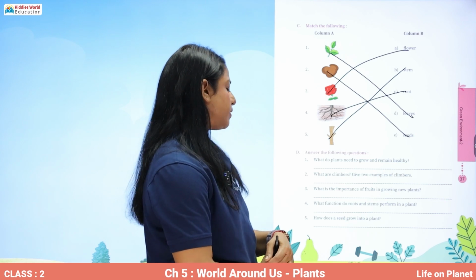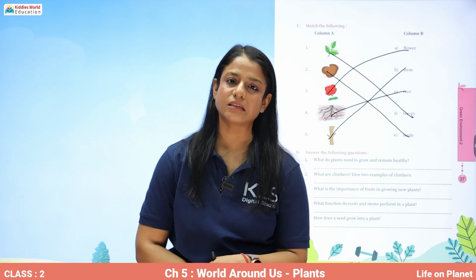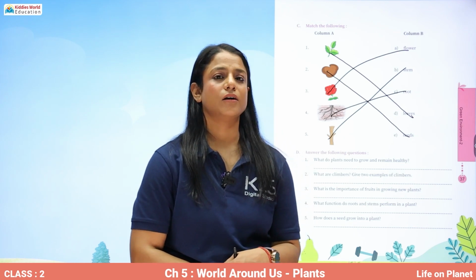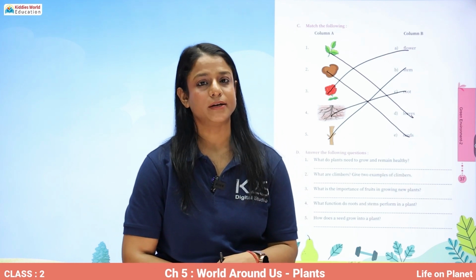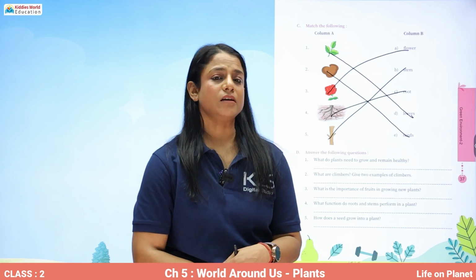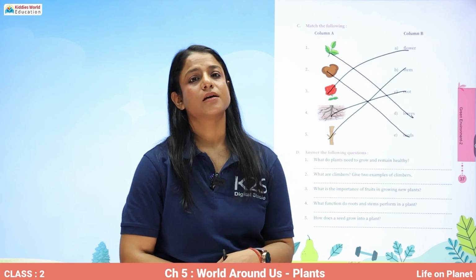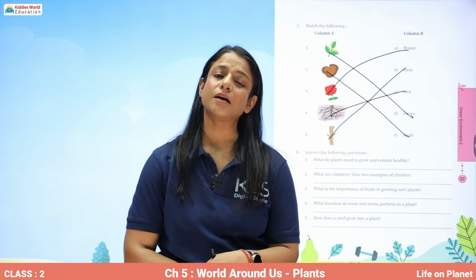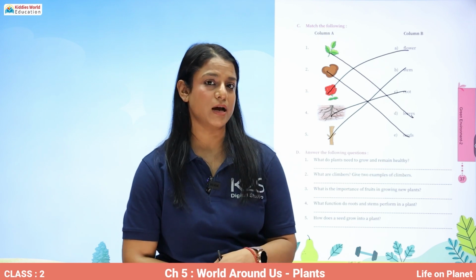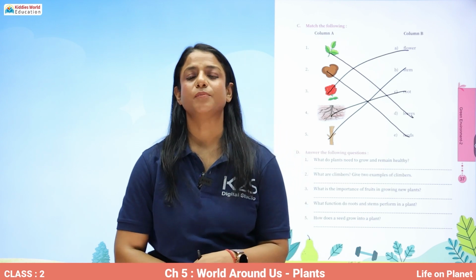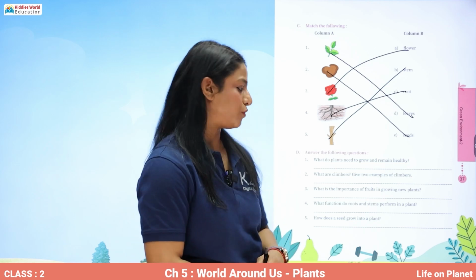How does a seed grow into a new plant? When a seed is sown into the soil and with the help of air and water, the seed develops roots. Slowly it develops a stem. Then the leaves come. Leaves cook food for the plant, and then when the plant starts growing up, it bears flowers and fruits.